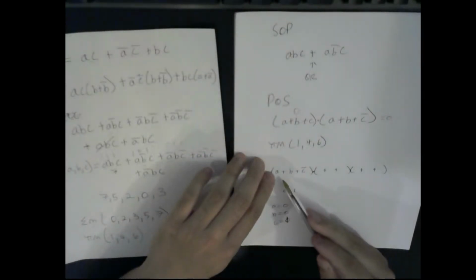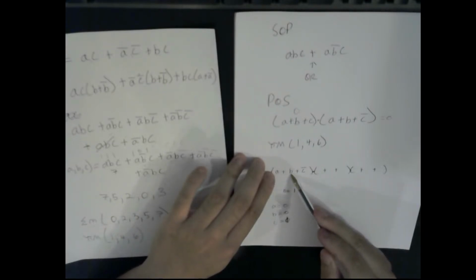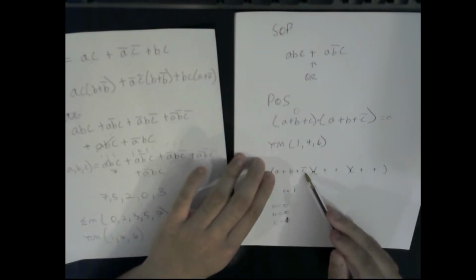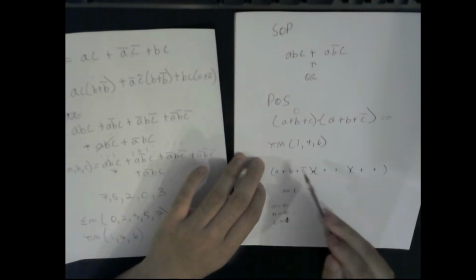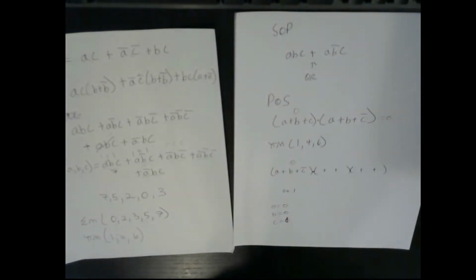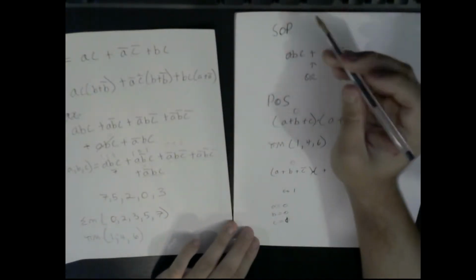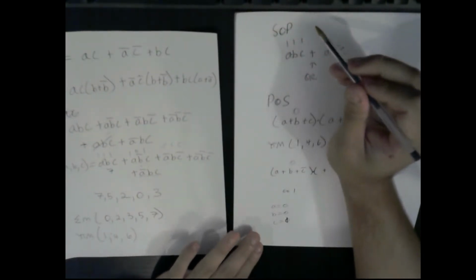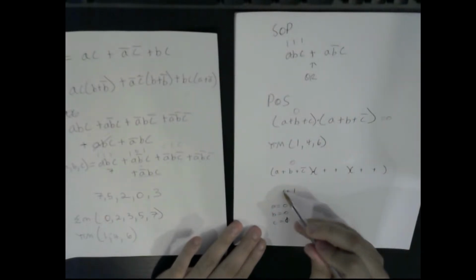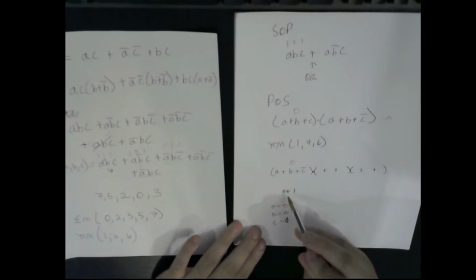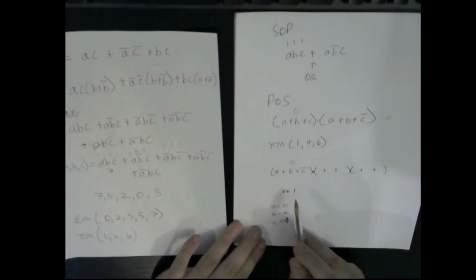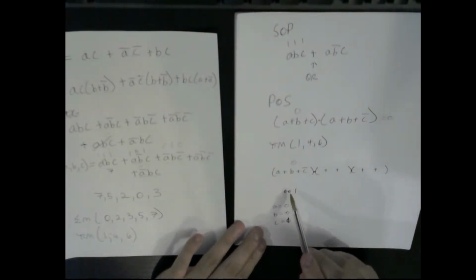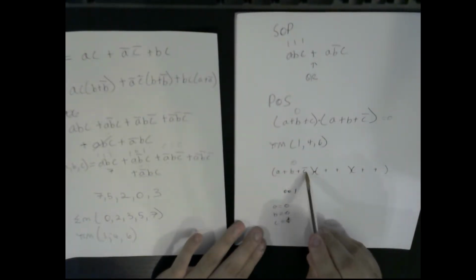So 0 ORed with 0 ORed with the inverse of C, which is also 0, that's all going to equal 0, right? So in a POS equation, this represented like 1, 1, 1, and in an SOP equation, if I want to represent like 0, 0, 1, it's like the opposite. It's kind of confusing. You say A, B, and then C naught. You kind of invert them.